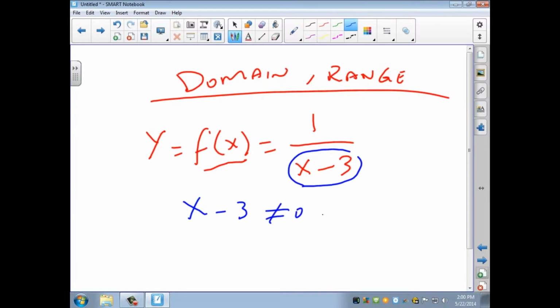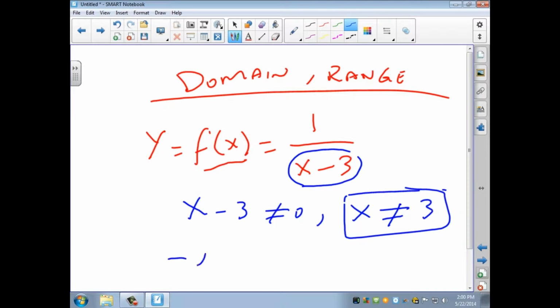That means x should not be equal to 3. So the domain of this function is anywhere from minus infinity to 3, not including 3, and from 3 to infinity, again not including 3.